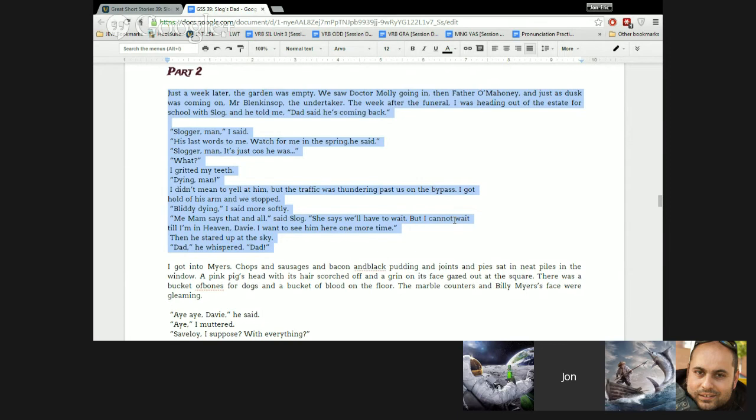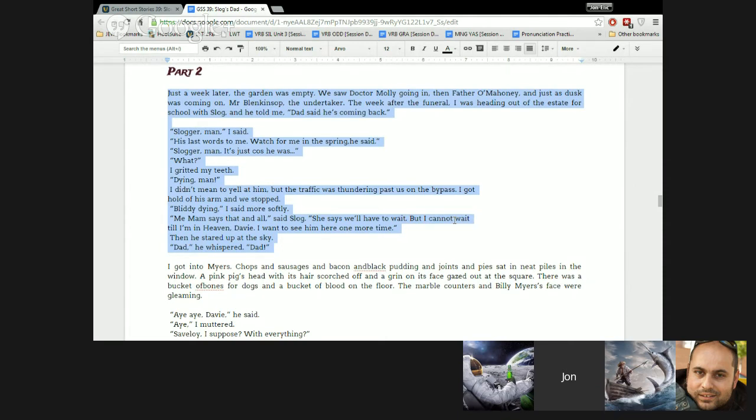"Slogger, man," I said. His last words to me. "What's for me in the spring," he said. "Slower, man, it's just 'cause he was—" "What?" I gritted my teeth. "Dying, man." I didn't mean to yell at him, but the traffic was thundering past us on the bypass.